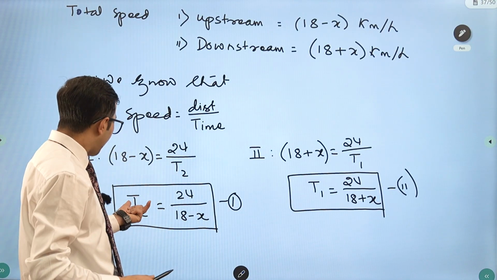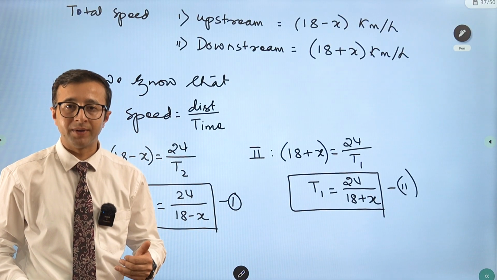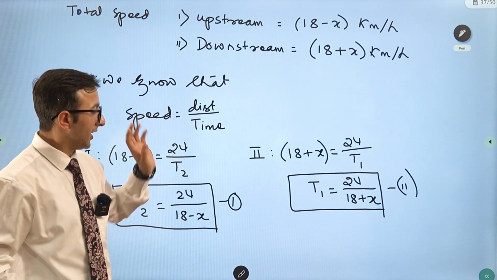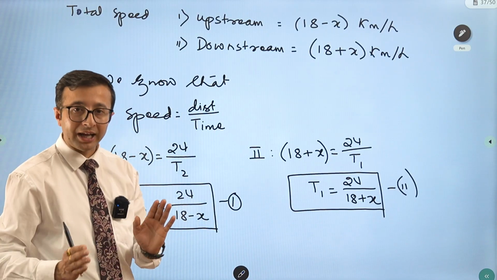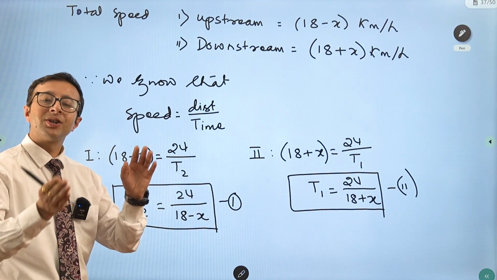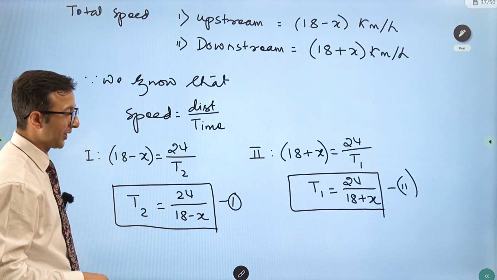After that, I assumed different times for upstream and downstream without looking at the given time difference, that is 1 hour. Then I found the expression in terms of time, and those expressions were used in the given information, and we obtained the solution.